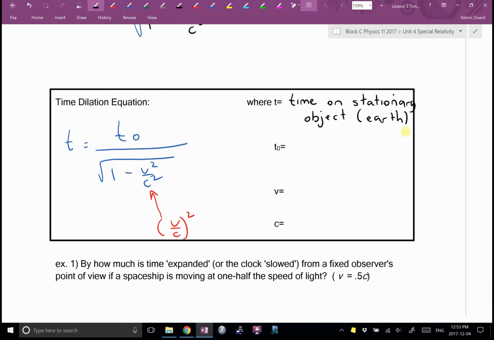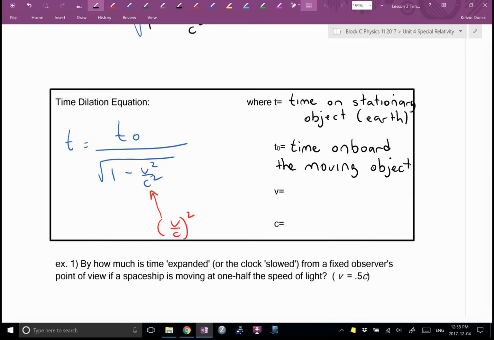T0 equals time on board the moving object.